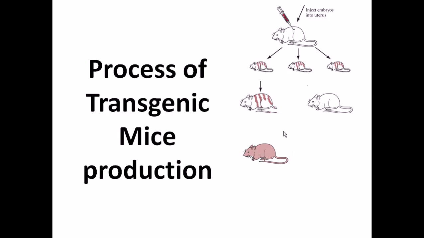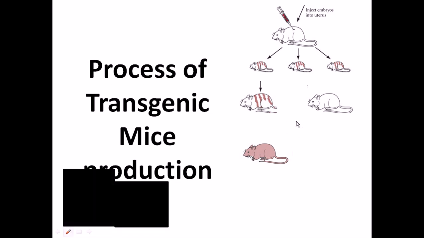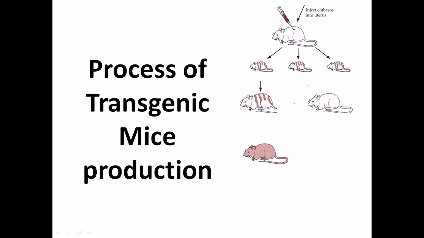Due to the cross between these two, it produces this heterozygous mouse. Once we produce this heterozygous mouse, we cross it with another heterozygous mouse, another simple cross.